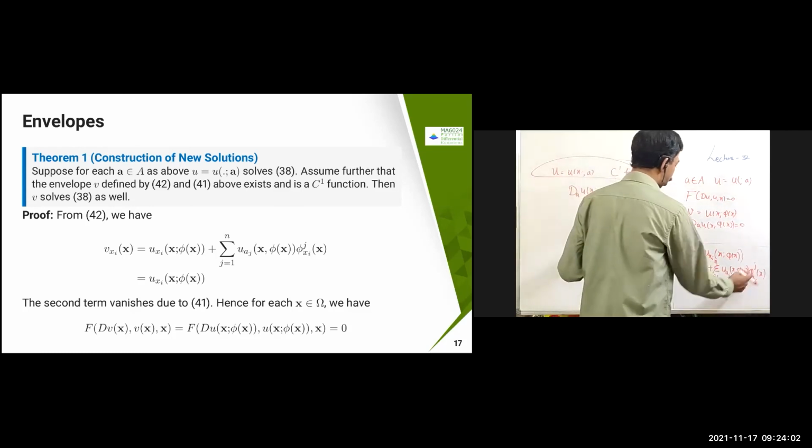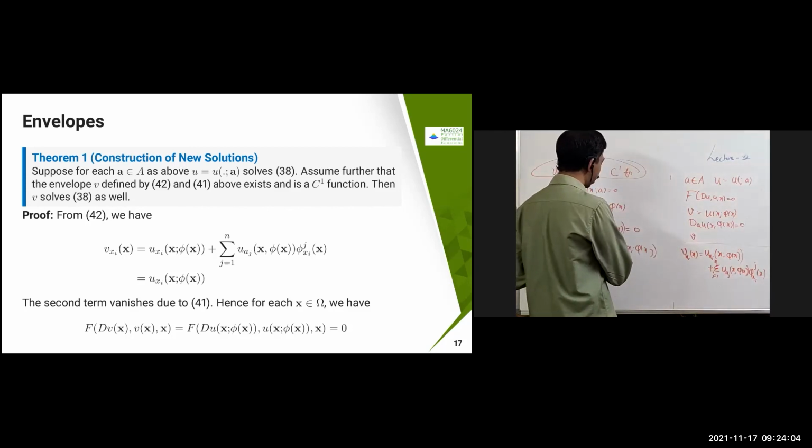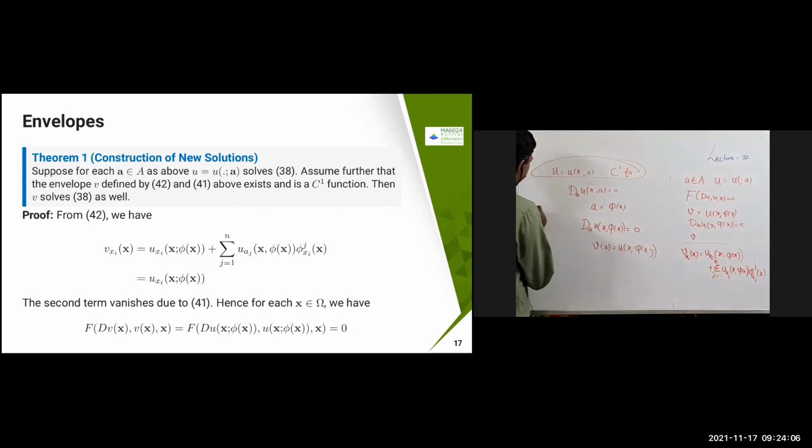This j corresponds to a, where you have a1, a2, etc., an, which is some π of x1, x2, etc., xn.